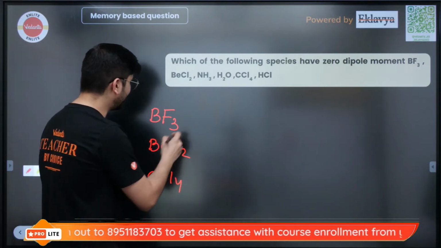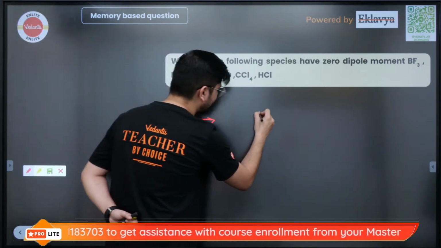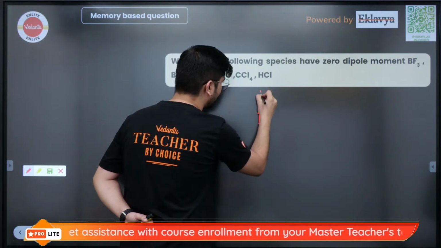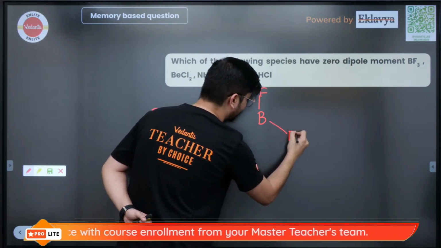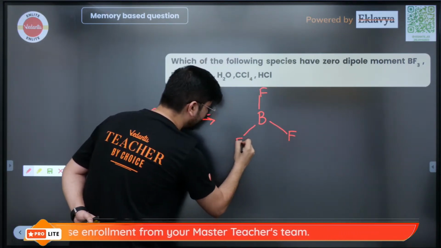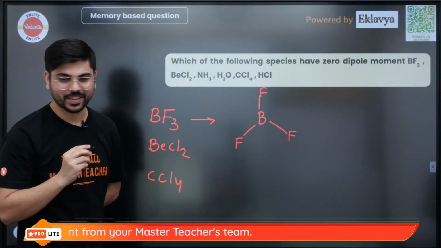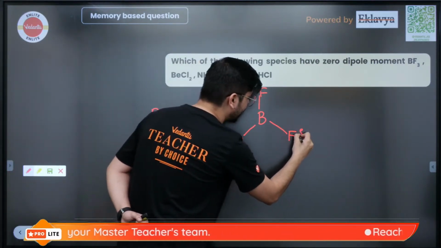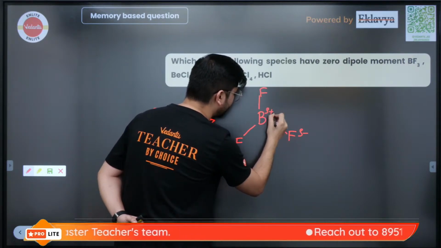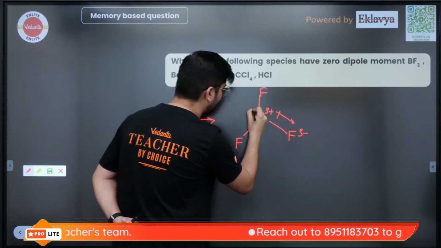So if I talk about BF3, BF3 is boron, fluorine, fluorine, fluorine. It is trigonal planar, right? So this is partially negative, this is partially positive, means the dipole moment would be like this.